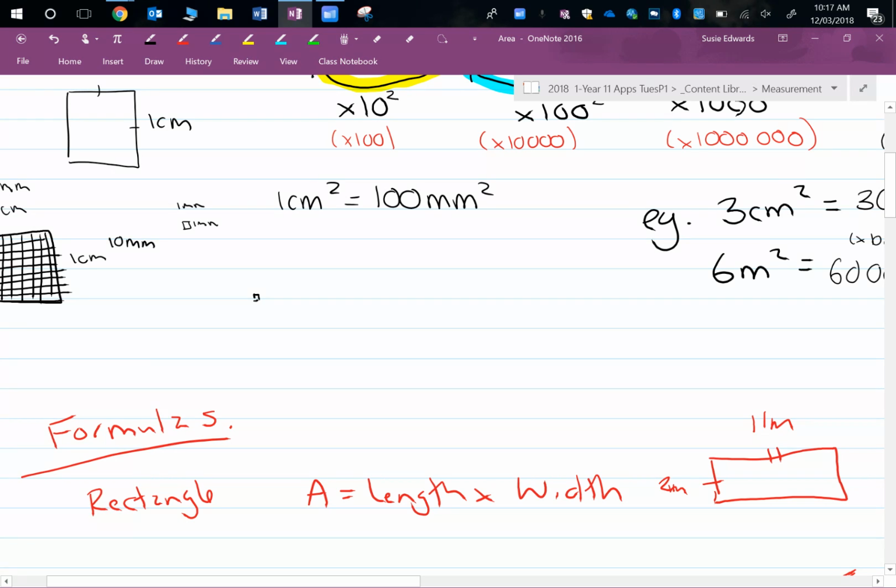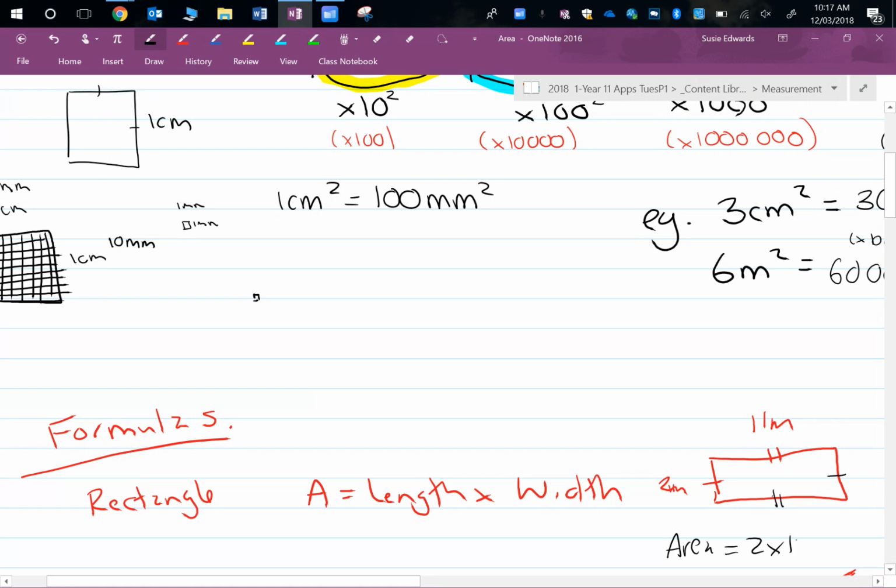A rectangle has opposite sides the same, another two opposite sides the same. They have right angles in the corners and the area is length times width. So if there's one side which is 2 and one side which is 11, how do we find the area?